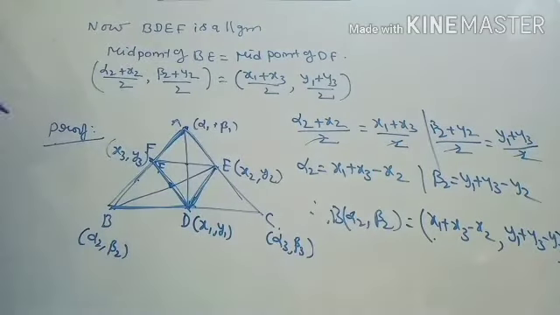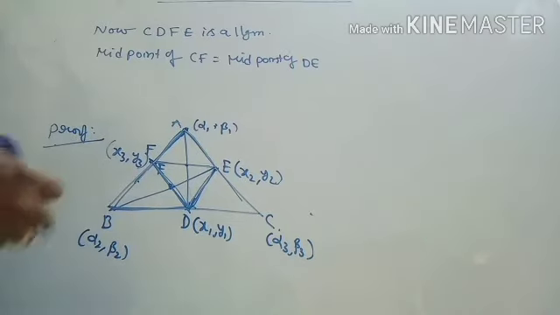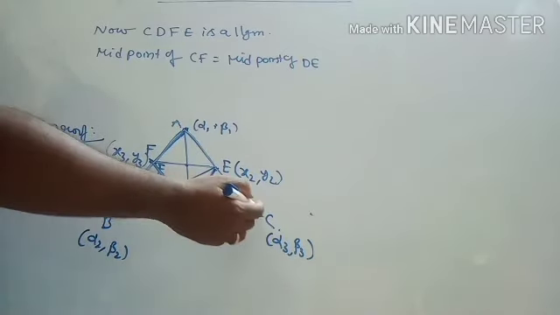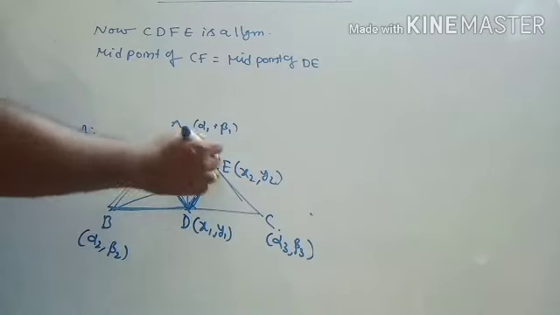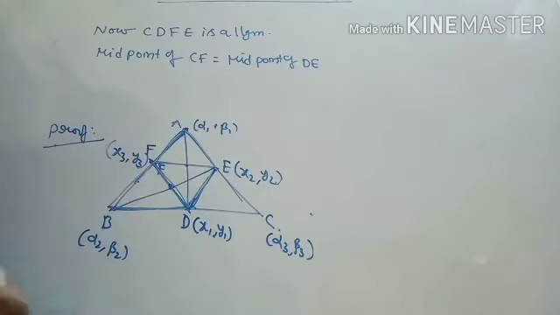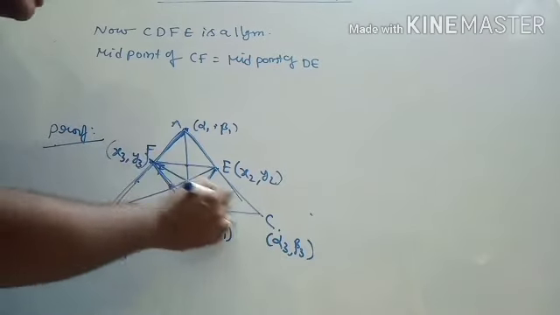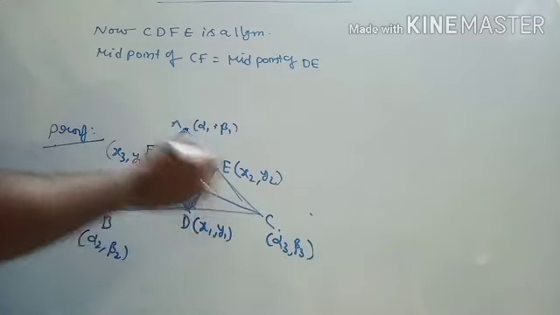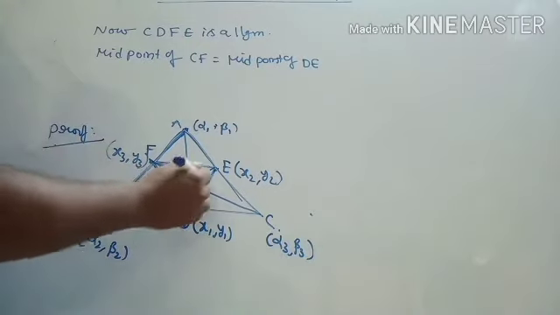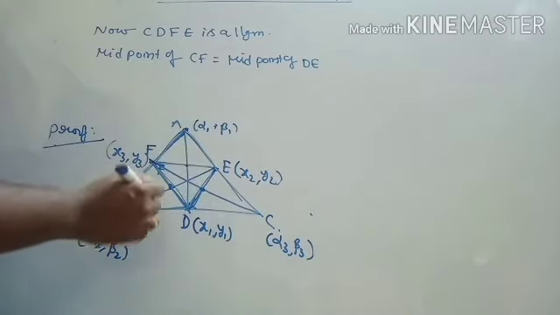Now in the same way we are going to get the vertex C. CDFE is once again a parallelogram. Once this is a parallelogram, we know that here also the diagonals will bisect each other. That means the midpoint of CF is equal to the midpoint of DE.